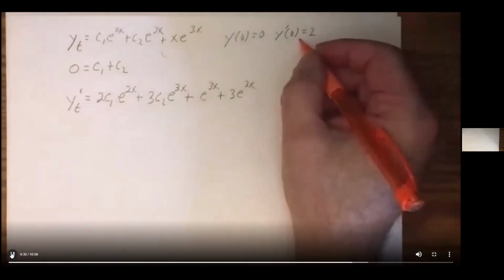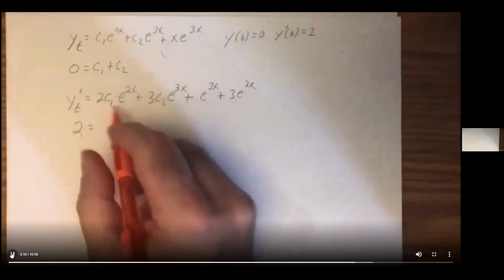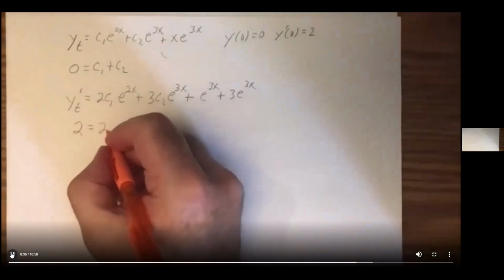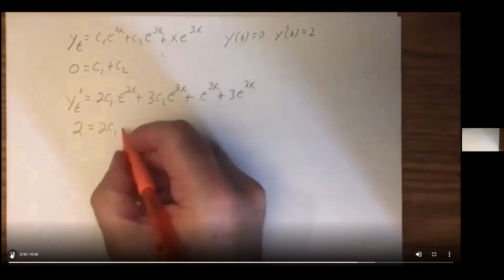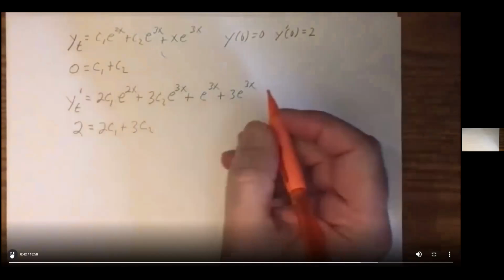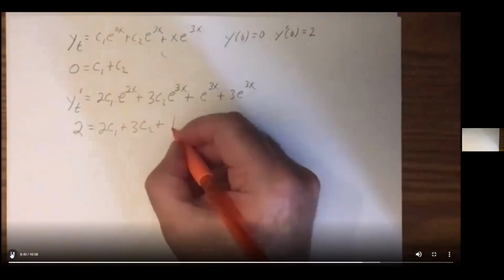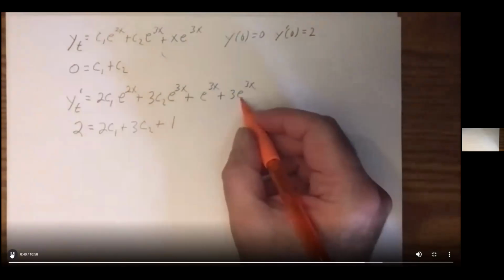And now this is going to be equal to 2. So let's see. I make this 2, and this is going to be 2c1 plus 3c2 plus 1. And here I left out an x.